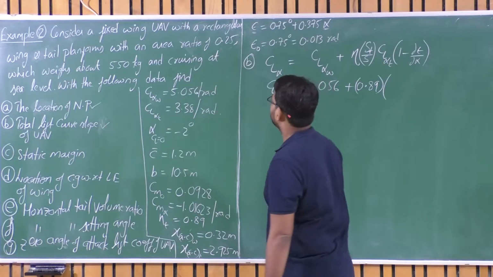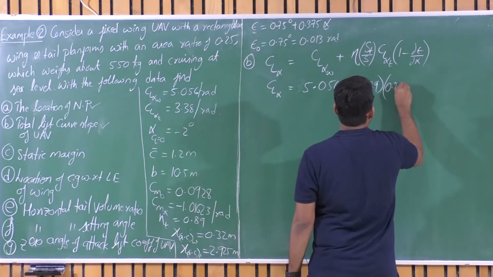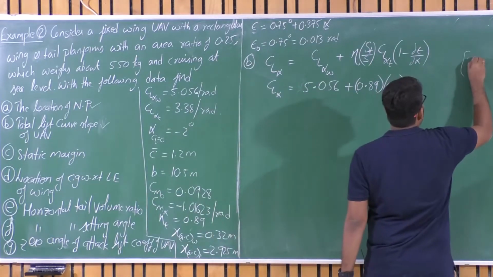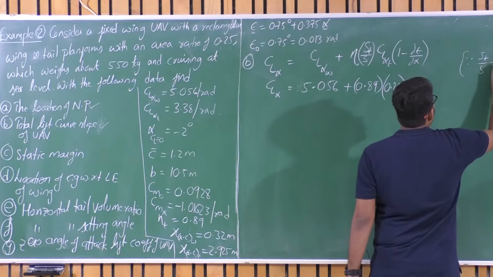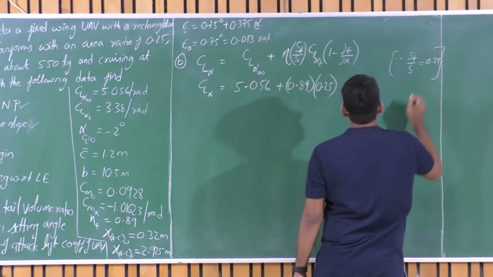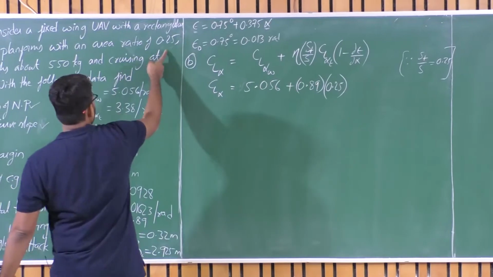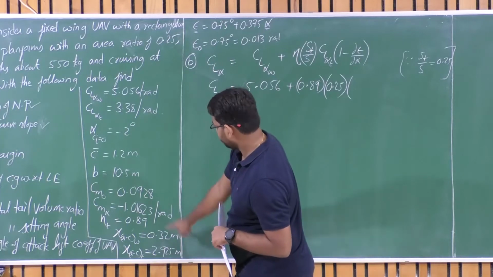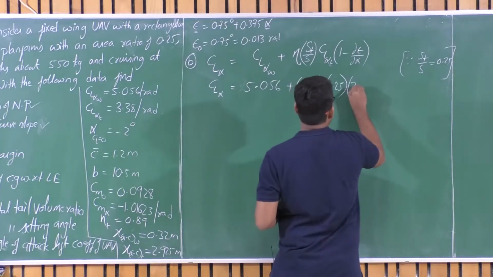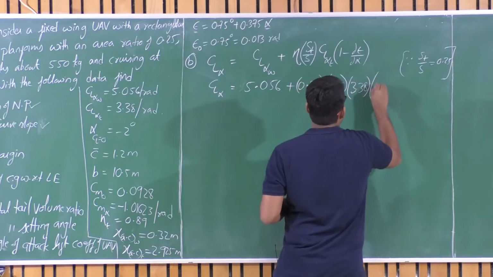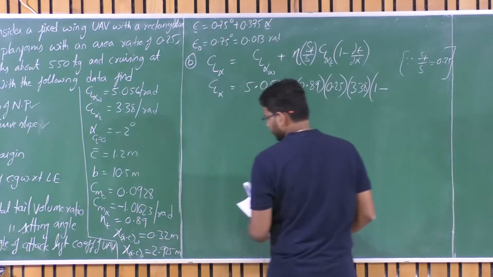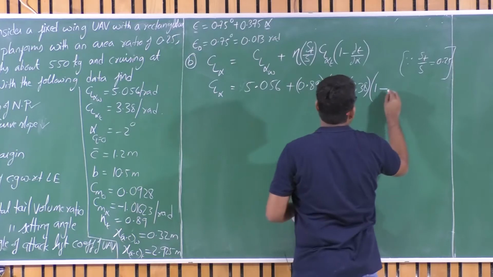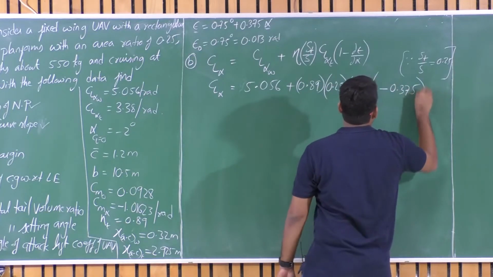So the area ratio is 0.25, St upon S. Since St upon S is 0.25, and we were told that these are rectangular wings, right? Multiplied by CL alpha of tail, which is 3.38, times 1 minus dou epsilon by dou alpha. So from here, dou epsilon by dou alpha is 0.375.